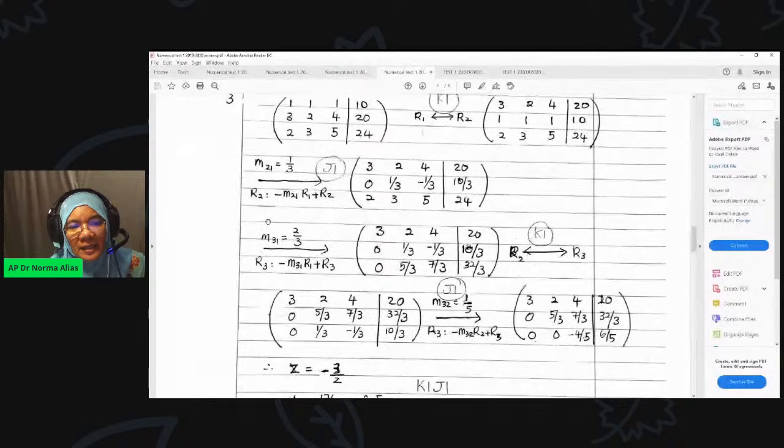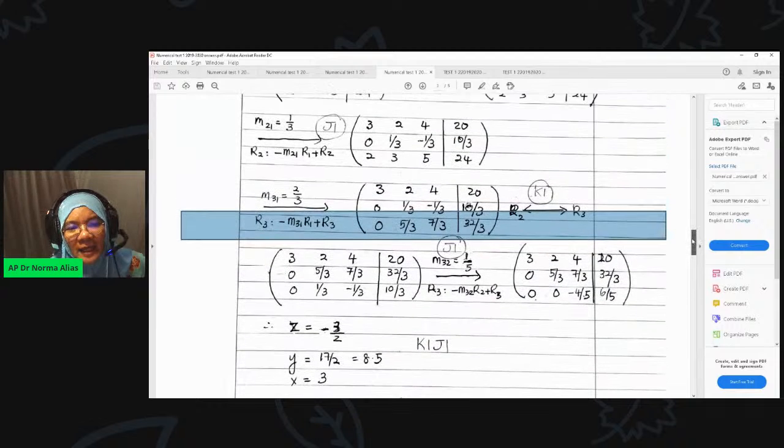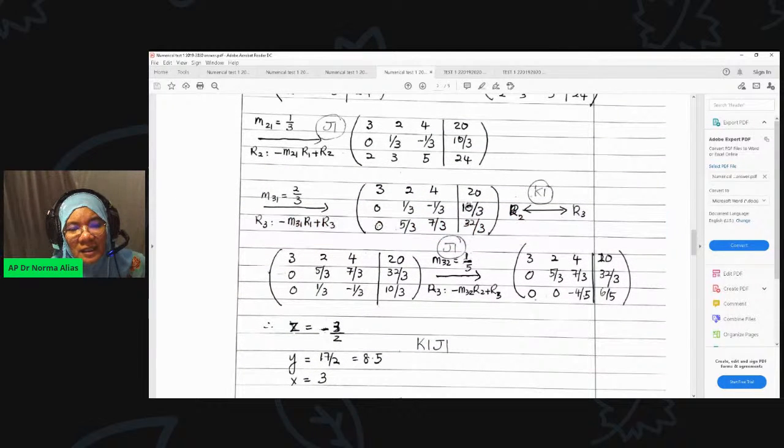Your M21 is 1/3. Because you want to make 0 for A31, you use M31 is 2/3.